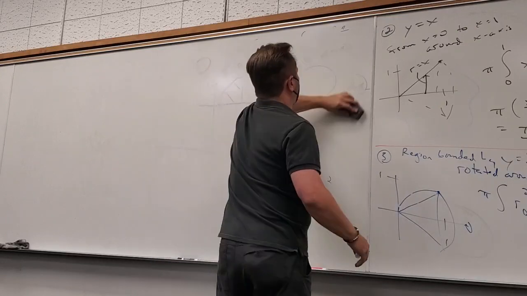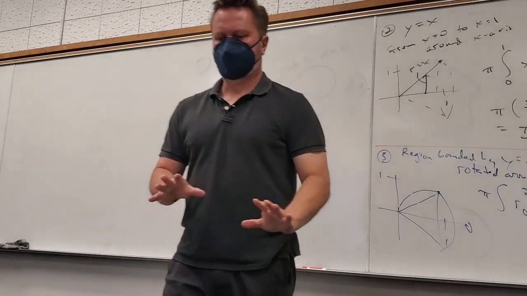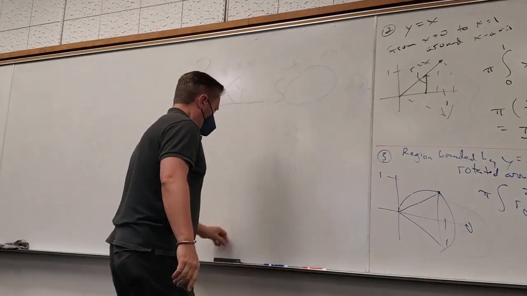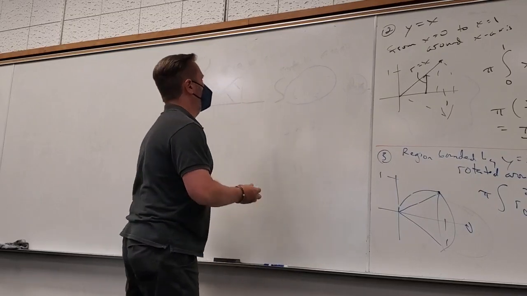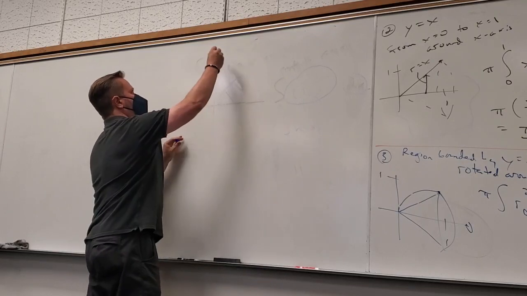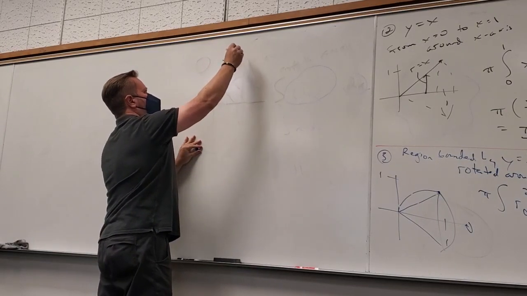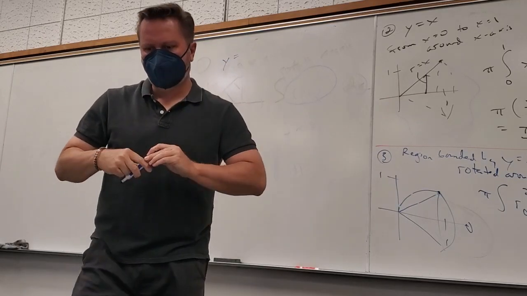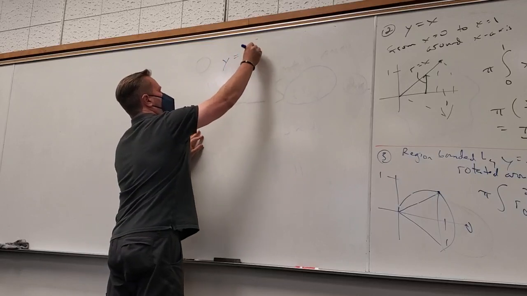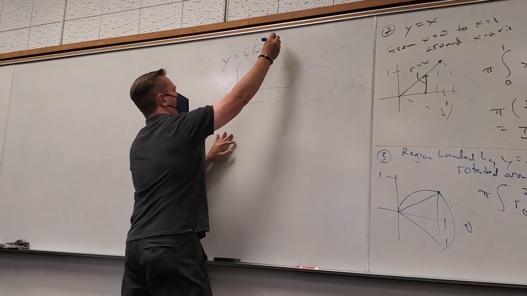So, yeah, let me do that. Okay. So what if I have y equal, let me think, it doesn't matter. y equals some function of x, and it looks like that from a to b.